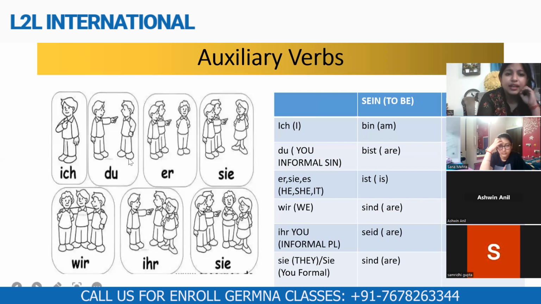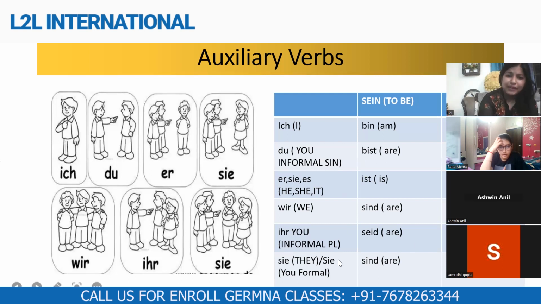There are 7 pictures here, 7 pictures. So you have to read the pronouns that we have here, and you have to tell me what these pronouns mean in English. Ich, you already know because we have done ich heiße, ich bin. Ich, you know. Du, we just did. Du is you. So try to just see the picture. Don't see the table.